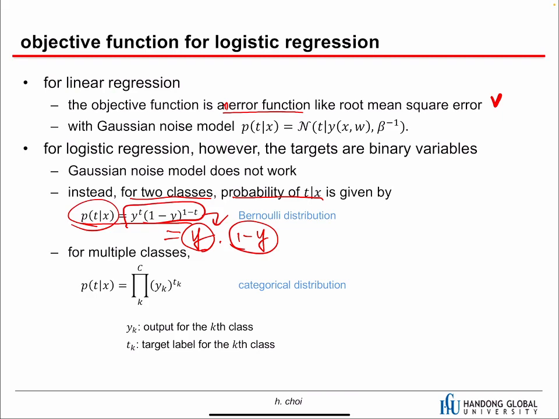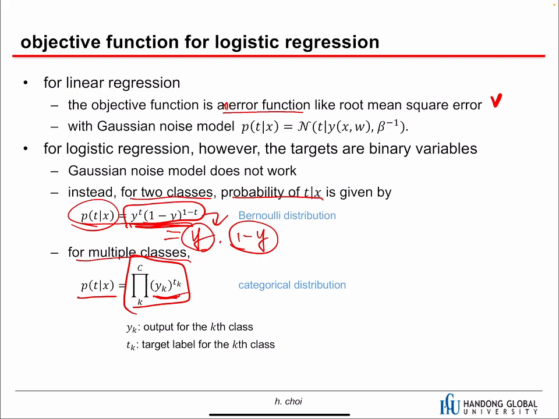When we have a multi-class problem, then p of t given x is the product of y to the power of t. This is actually the same as the binary case. We have C classes, and only one class has 1 and all the others are 0.